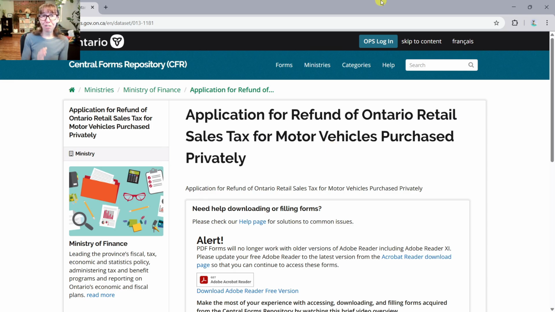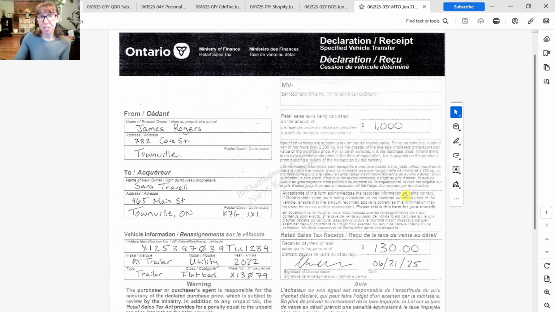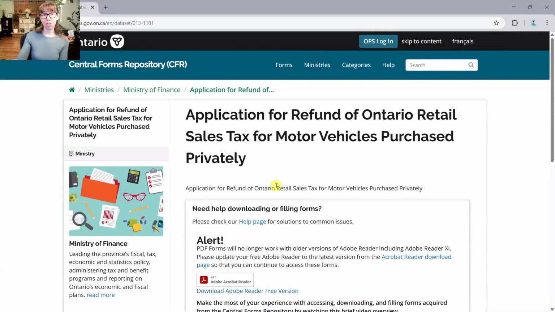So if you are a business in Ontario that has purchased a business vehicle asset privately and have had to pay RST at MTO at the transfer of the ownership, and it's a lot of money, you can actually go to the Ministry of Ontario with this application and apply for the sales tax refund directly from the Ministry of Ontario.